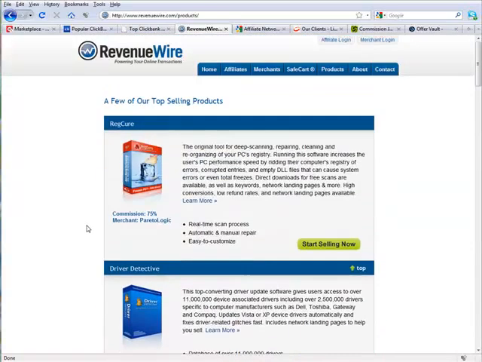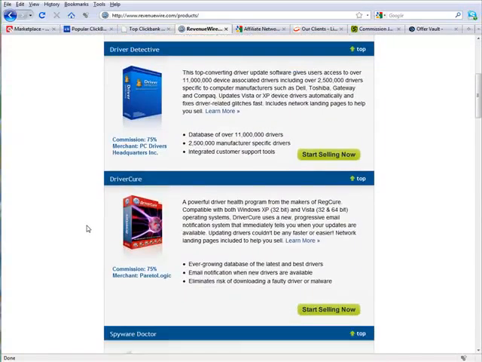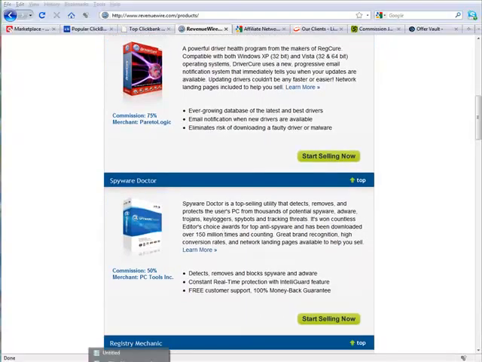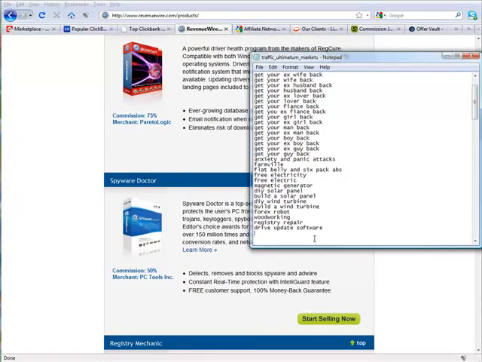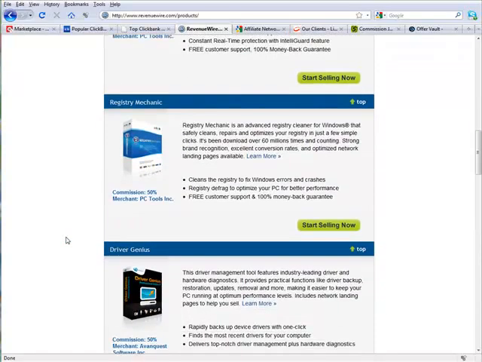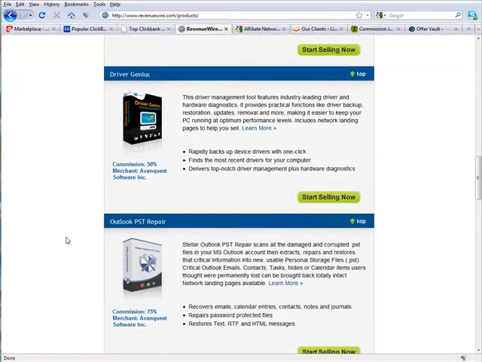Actually, Revenue Wire has a lot of these different offers. There's another registry cleaner. There's spyware removal software, which is usually what it's trying to do. So Registry Mechanic, Driver Genius.